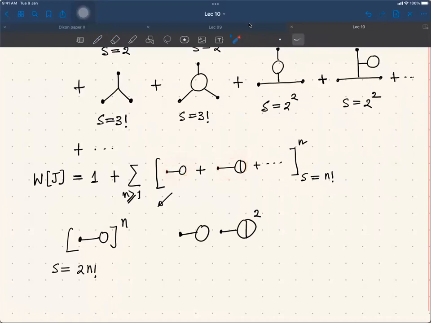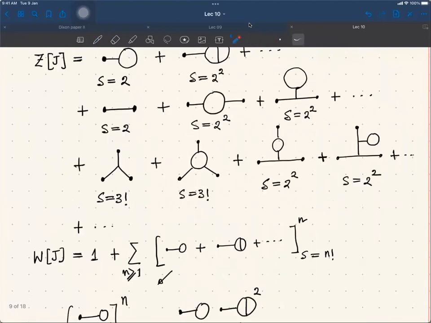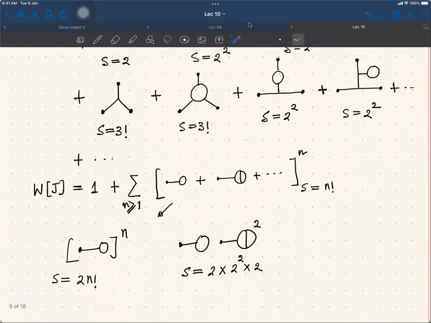So you could ask what would be the symmetry factor for this term, and then you can calculate the symmetry factor for this individual term, then this individual term times 2 because of the second power, because there are 2 of them, and therefore permutation symmetry of that. So this is 2, and then this diagram, we have seen, is 2 square, and then another 2 because it has a power 2. We can see this diagram is 2 square, s equal to 2 square. So that is the total.